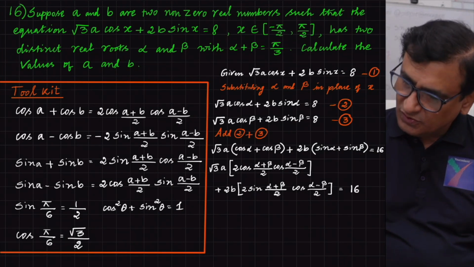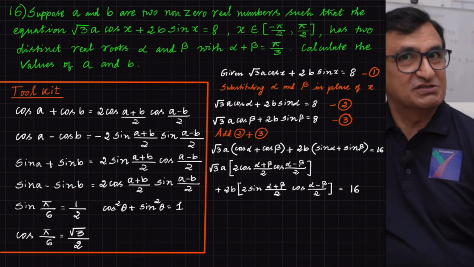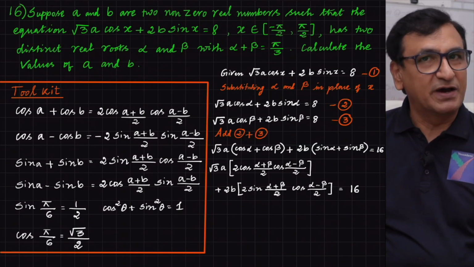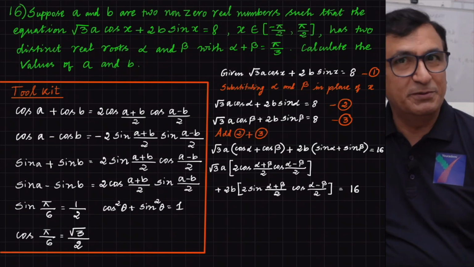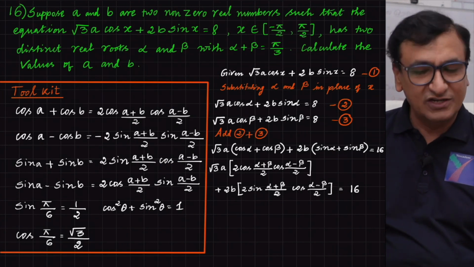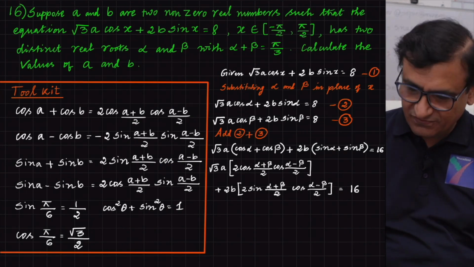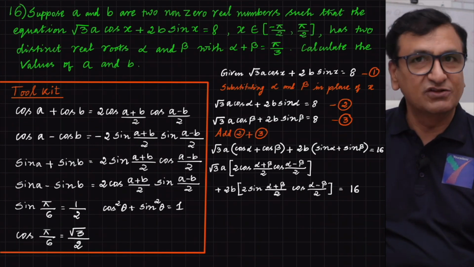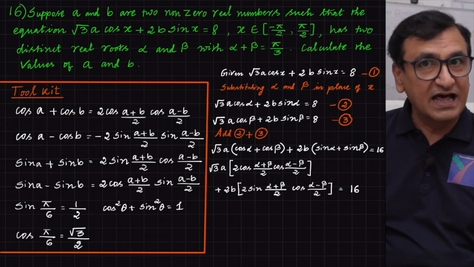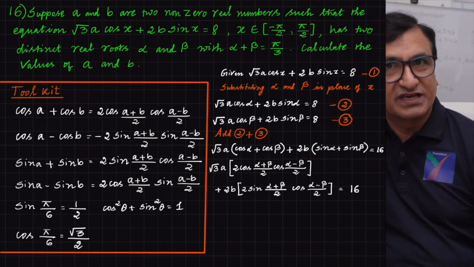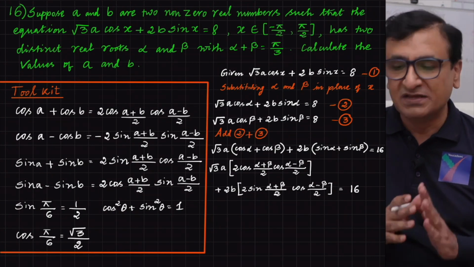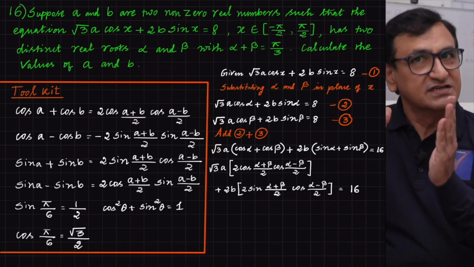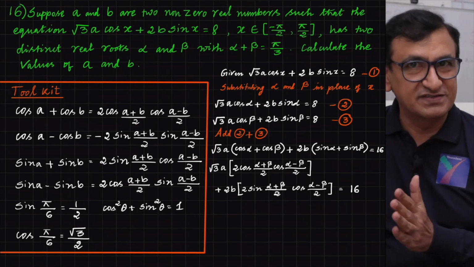Now we have cos alpha plus beta by 2 and sine alpha plus beta by 2. Alpha plus beta equals pi by 3, so alpha plus beta by 2 would be pi by 6. We already have the value of sine pi by 6 equals 1 half and cos pi by 6 equals square root of 3 divided by 2. Let's supply these values here. If you notice, cos alpha minus beta by 2 is a common term in both parts of the expression. So I'm going to factor out cos alpha minus beta by 2 and supply the values of sine pi by 6 and cos pi by 6.